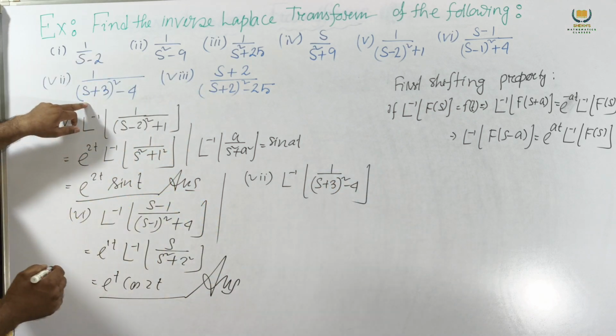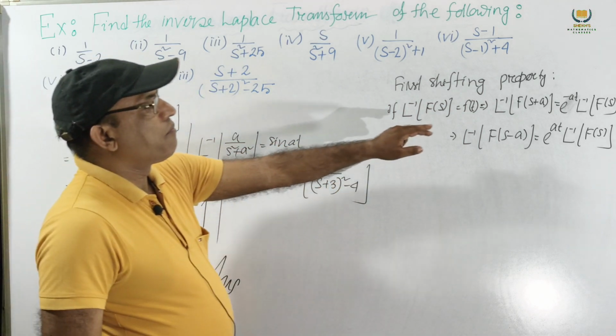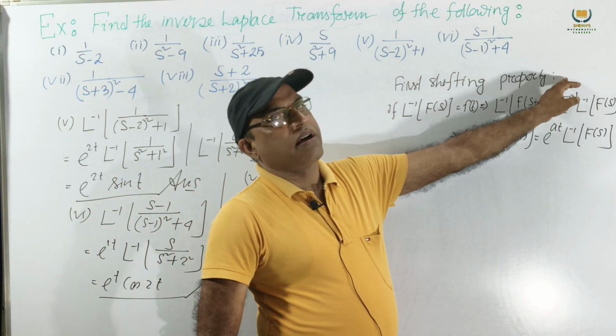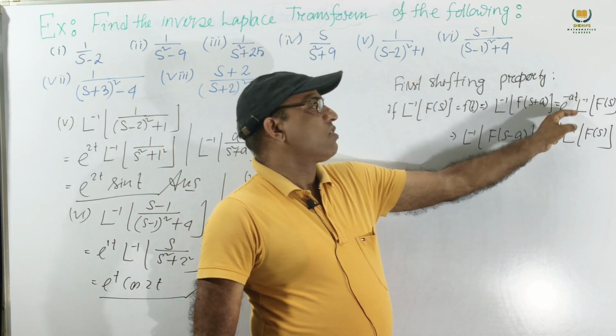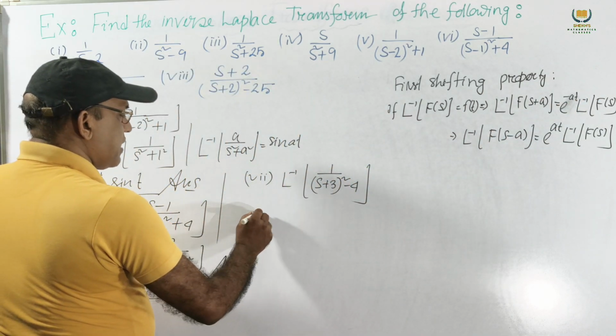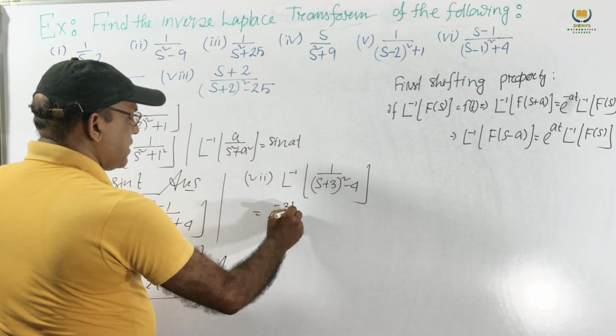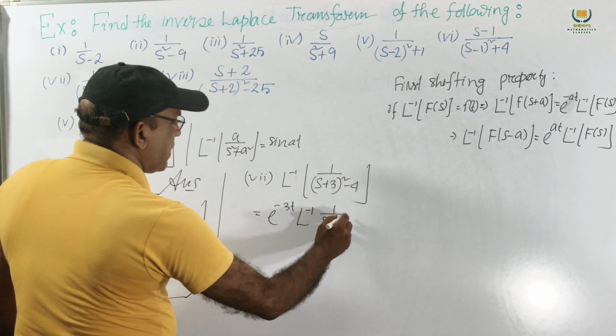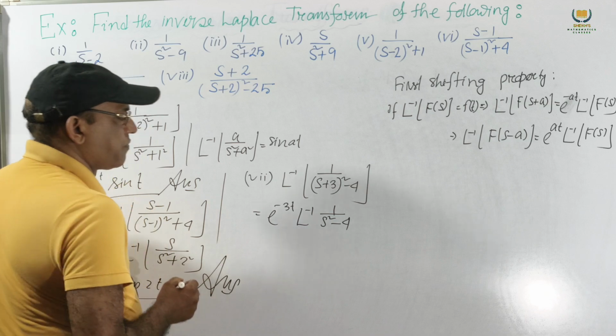This. Now by first shifting property, if it is plus a, then e to the power minus at. If we remove this a, e to the power minus at, L inverse fs. We remove this 3, then e to the power minus 3t L inverse 1 by s square minus 4. We get this.